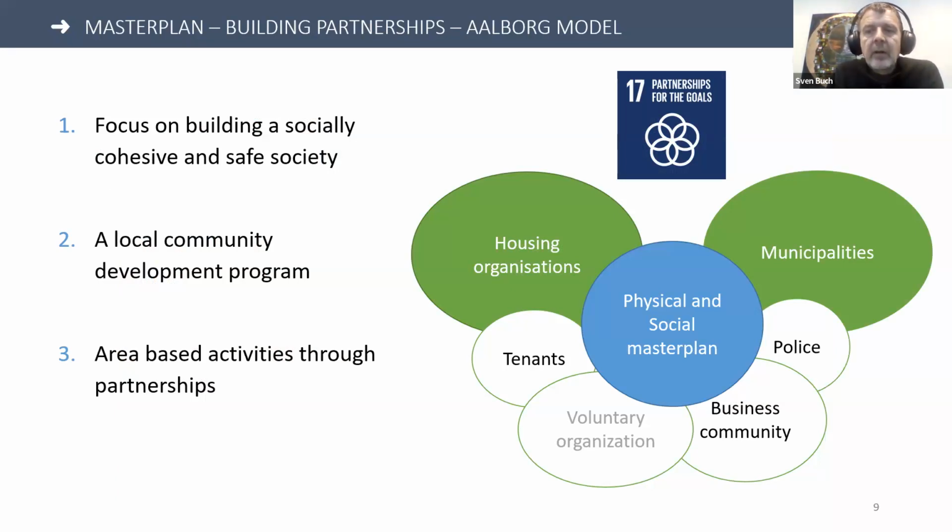This has also been an area with lots of crime. So we have also had a close partnership with the police. Of course, the tenants, we have a very strong tenants organization who has been involved in doing these transformations.